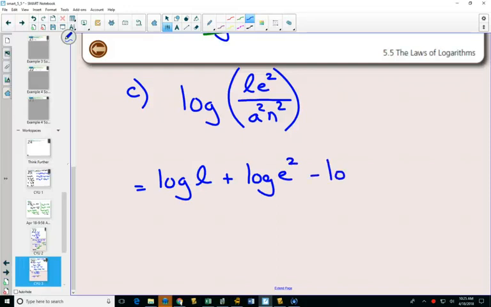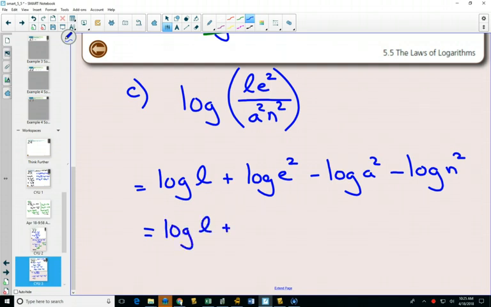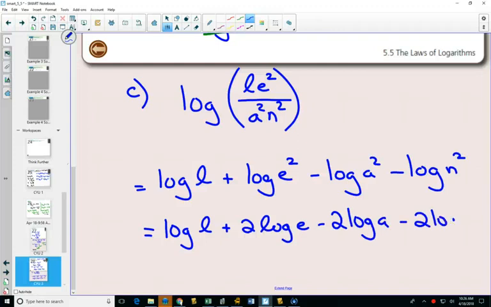Whatever's on the bottom would get subtracted. And now we can bring out those 2's, and this would be expanded completely.